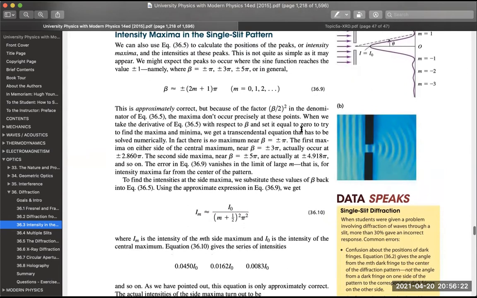So it affects where the maxima of this function actually live. This part is sort of scary. I can't highlight for some reason. There we go. If we try to optimize I, take the derivative with respect to beta and solve for the values of beta that make the thing maximum, we get a transcendental equation that cannot be solved analytically. So that's unnerving.